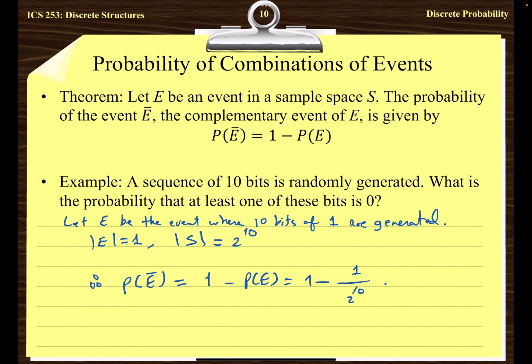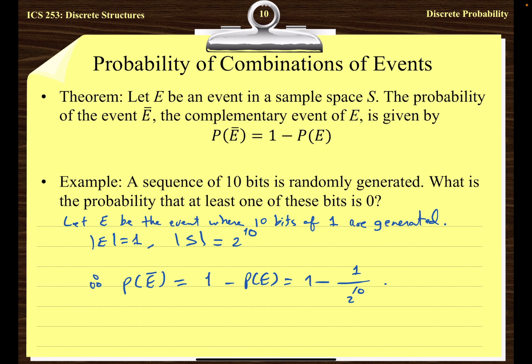That's it. So it is much easier to find the probability of having at least one 0 by finding the complement of this event, the probability of having all ones.